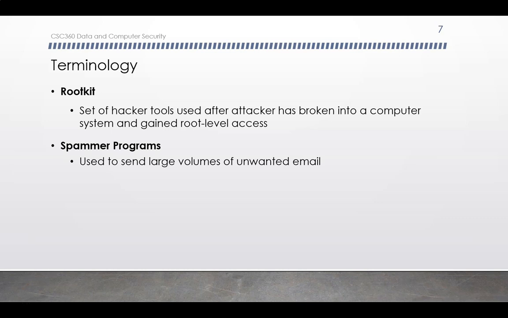Spammer programs are used to send large volumes of unwanted mail. Spam is defined as unwanted or unsolicited email sent out to multiple parties. While it's often used for marketing purposes, it can be used for malicious purposes. As an example, spam is a common way to spread a virus or worm.